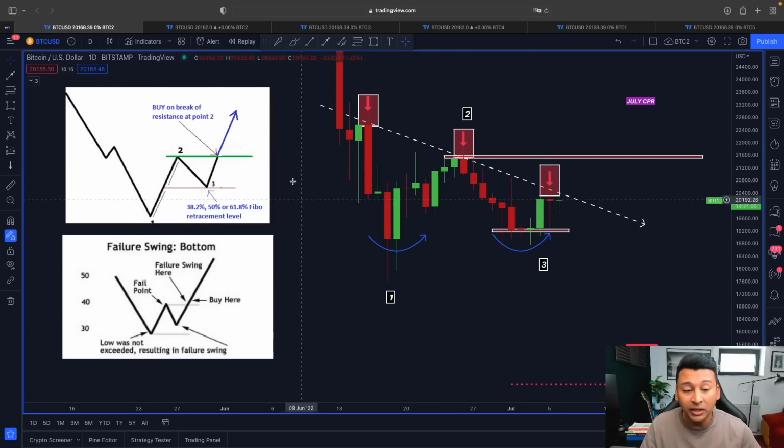According to this failure swing, the price of Bitcoin has clearly indicated that this area, the 0.3 area, is a failure swing because the price did not retrace lower than the previous low, and now we are also seeing this relief rally type of scenario.